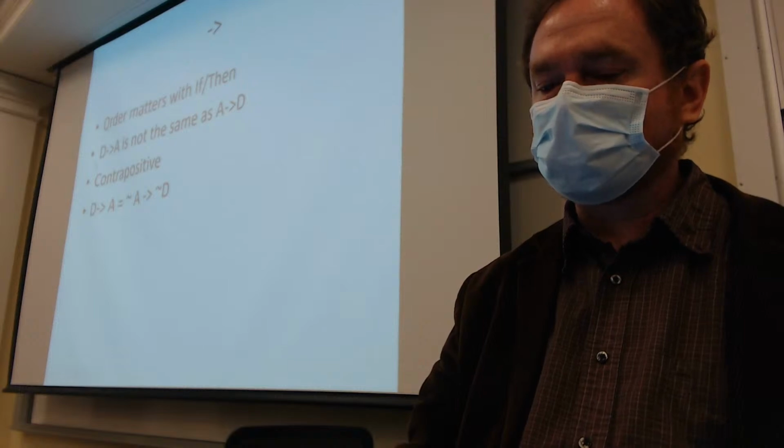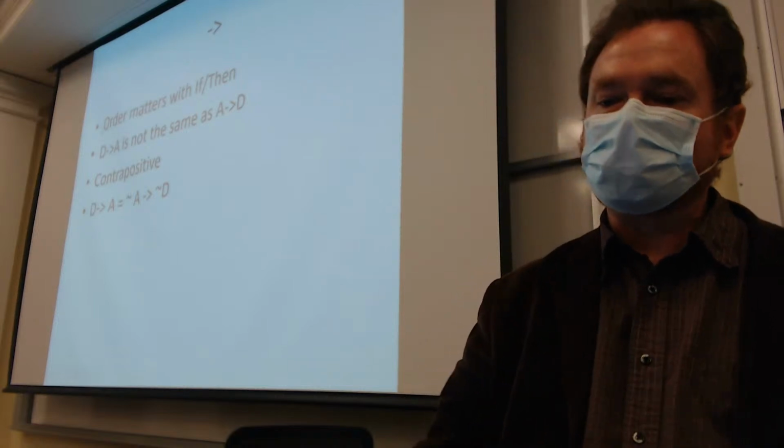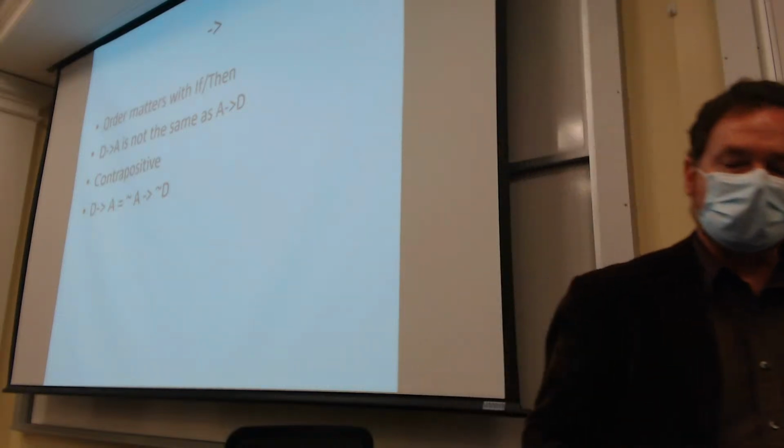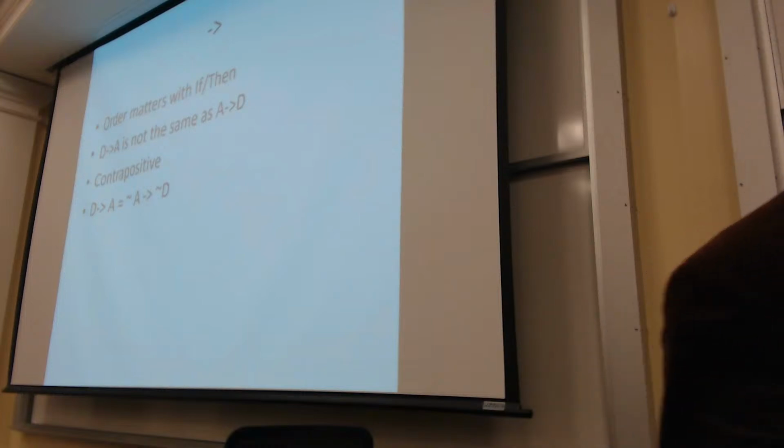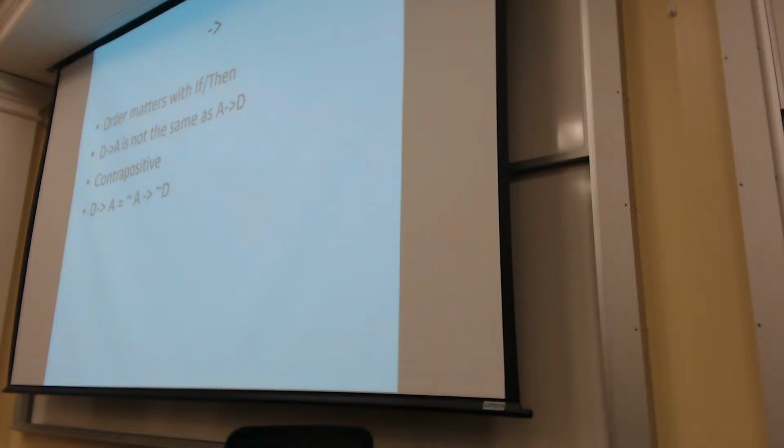You don't have to write all this down, but these top two bullet points are worth mentioning. Order of the letters matters with some of the operators, but not all of them. For and or, if all you have are ands or all you have are ors, the order doesn't really matter. But the arrow, the conditional, is the odd man out.